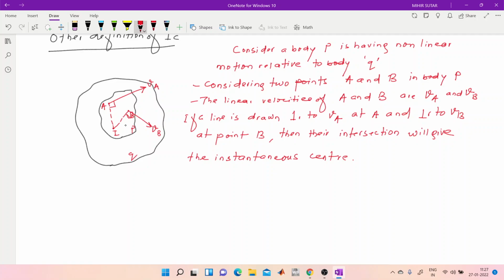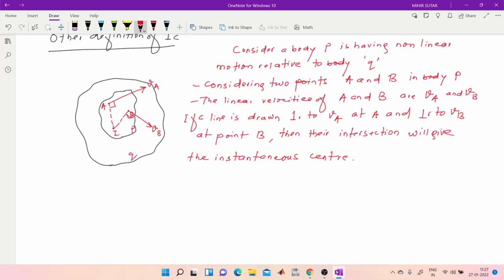Then the two axes will meet at the instantaneous center. Means about this I, all the rotations are assumed to be possible. So this is another definition of the instantaneous center.